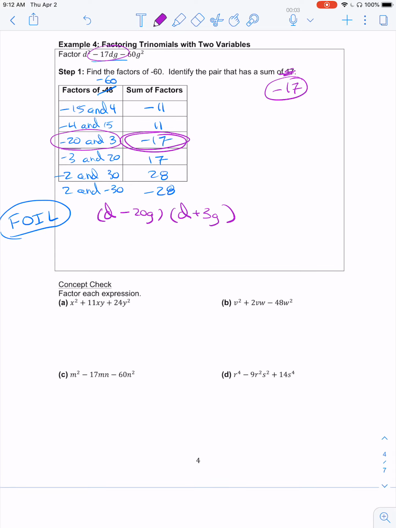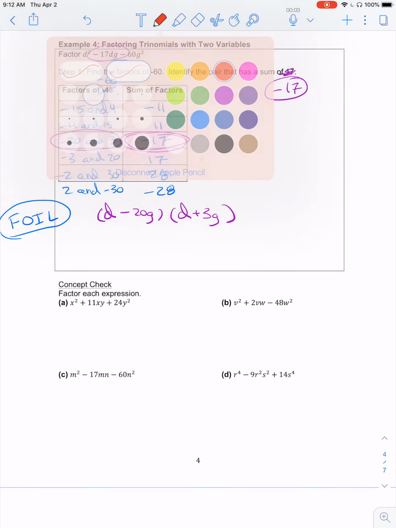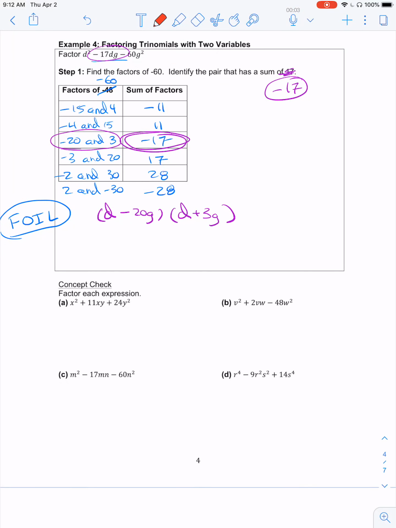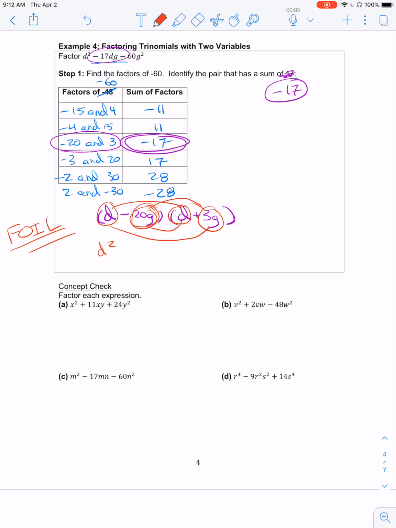Why? Because when we FOIL this thing, let's look at FOIL in red. The FOIL framework: first, outer, inner, and then our last two terms, right? We're going to get D times D, so D squared.